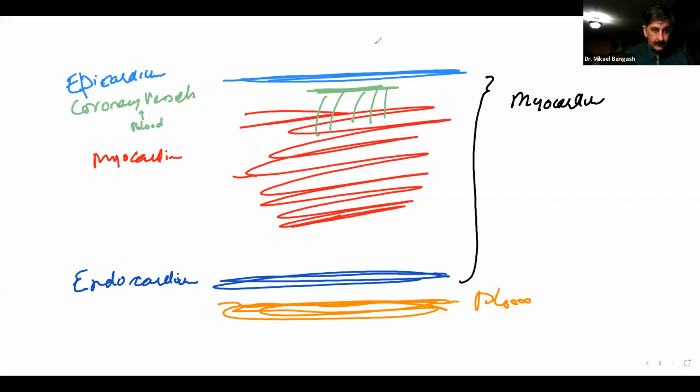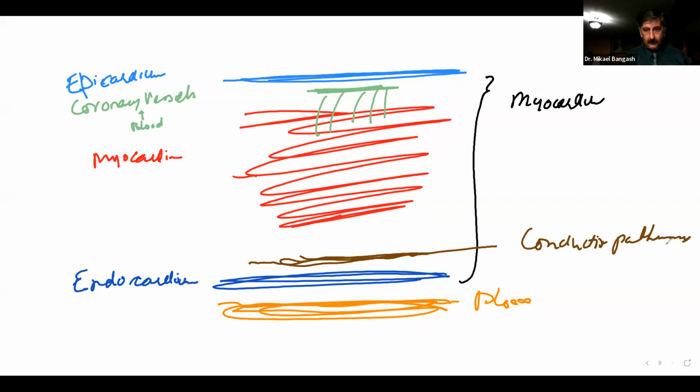That's why later on, probably not today, maybe tomorrow, we will talk about what we can call the conduction pathway, or the conduction system.